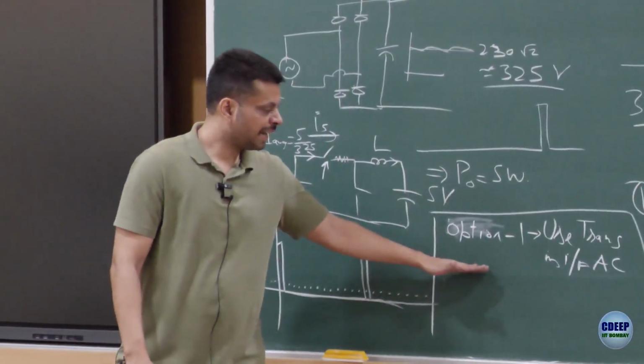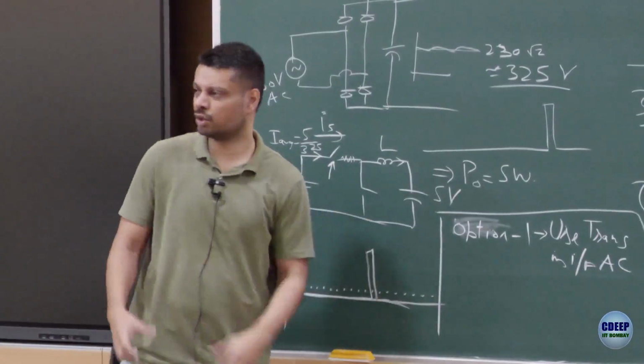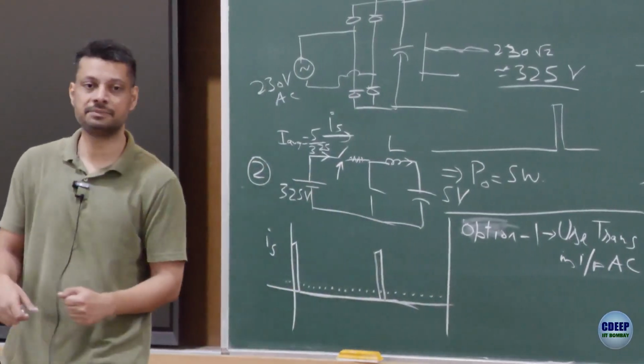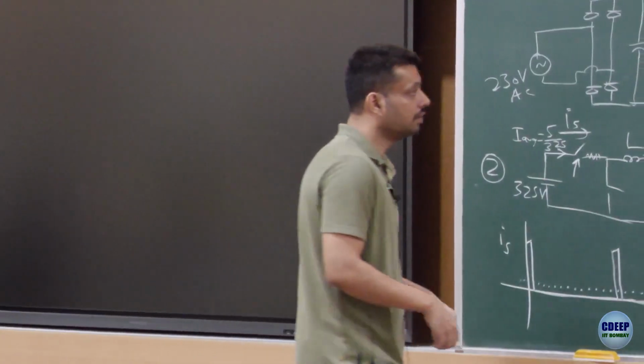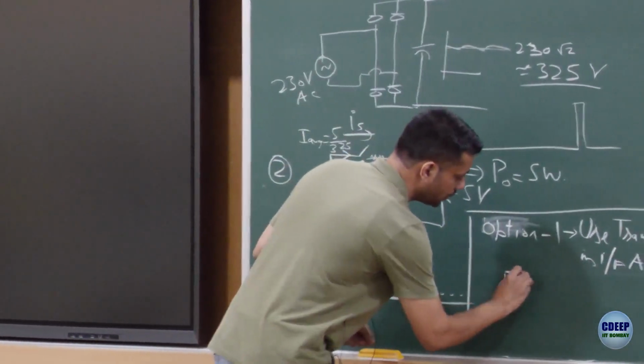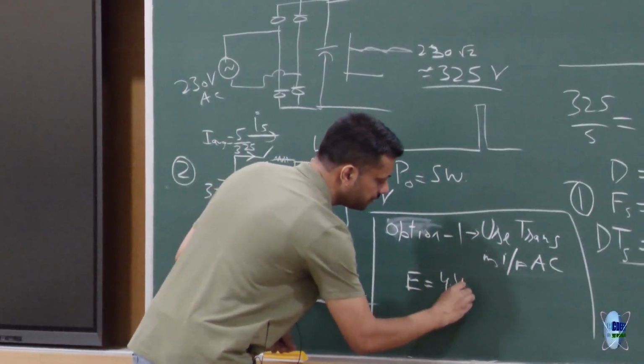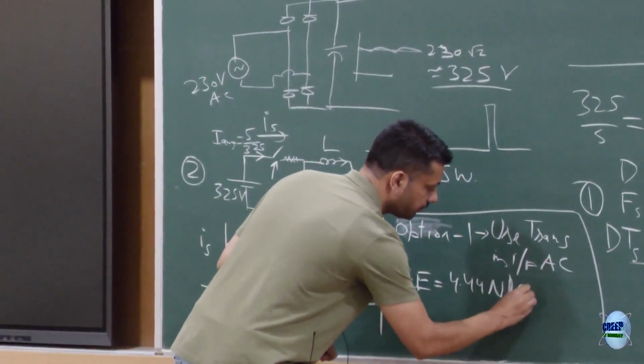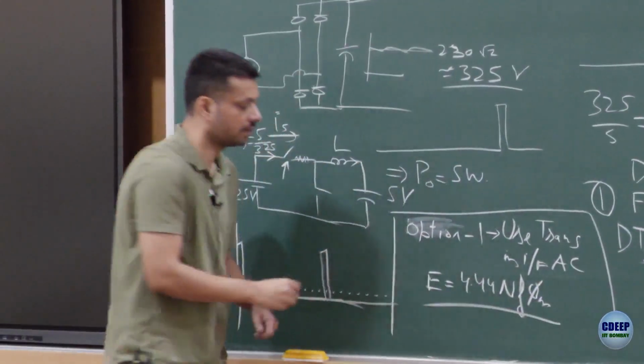So any reasons why, if I use this solution, it's going to be heavy? Why is that? Correct. So we understand the transformer basic equation, which is E equals 4.44 N F phi m, right?